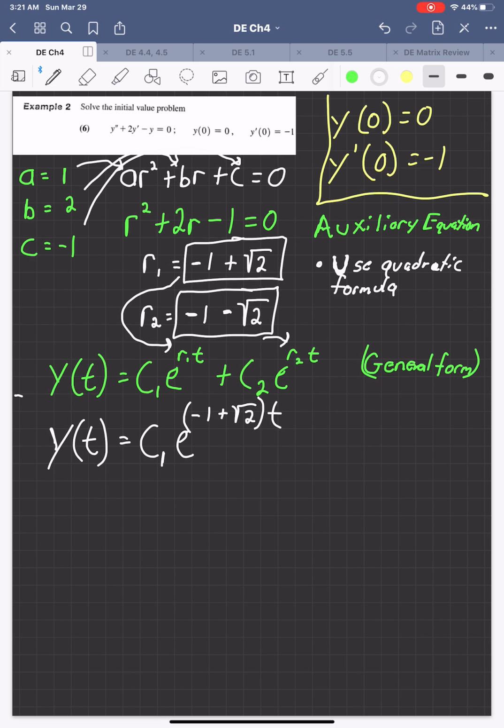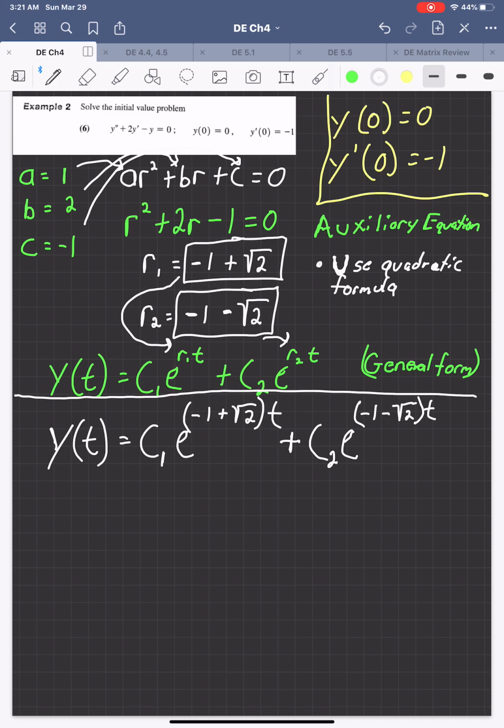All right, let me go ahead and give me some space, plus c sub 2 e to the power of, now it's negative 1 minus the square root of 2 t. All right, so that is the general solution. That is a whole family of solutions.